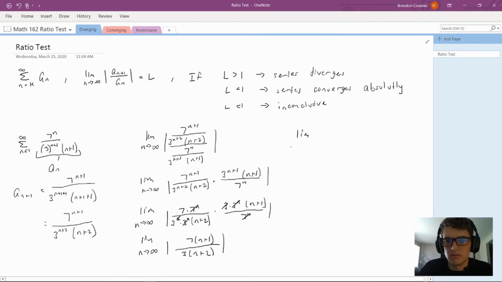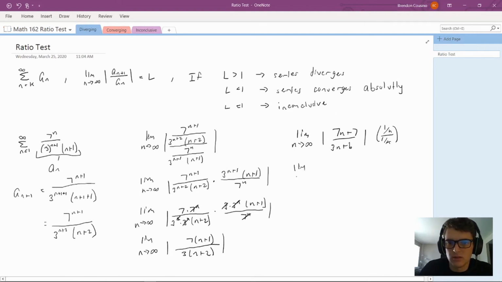So this is going to be the limit as n approaches infinity of 7n plus 7 divided by 3n plus 6. Okay, so what I'm going to do is I'm going to multiply by 1 over n to both the top and bottom.